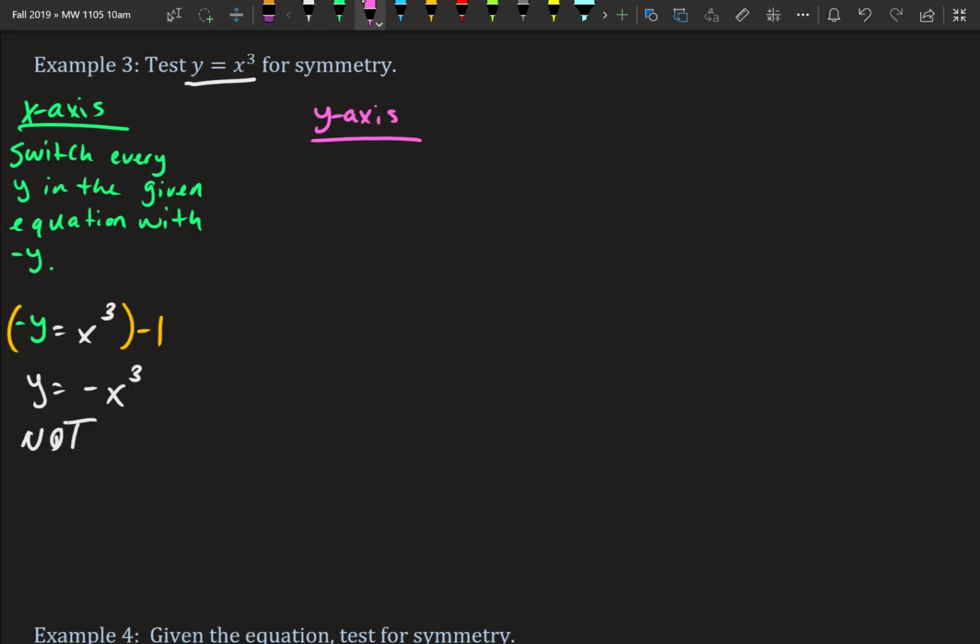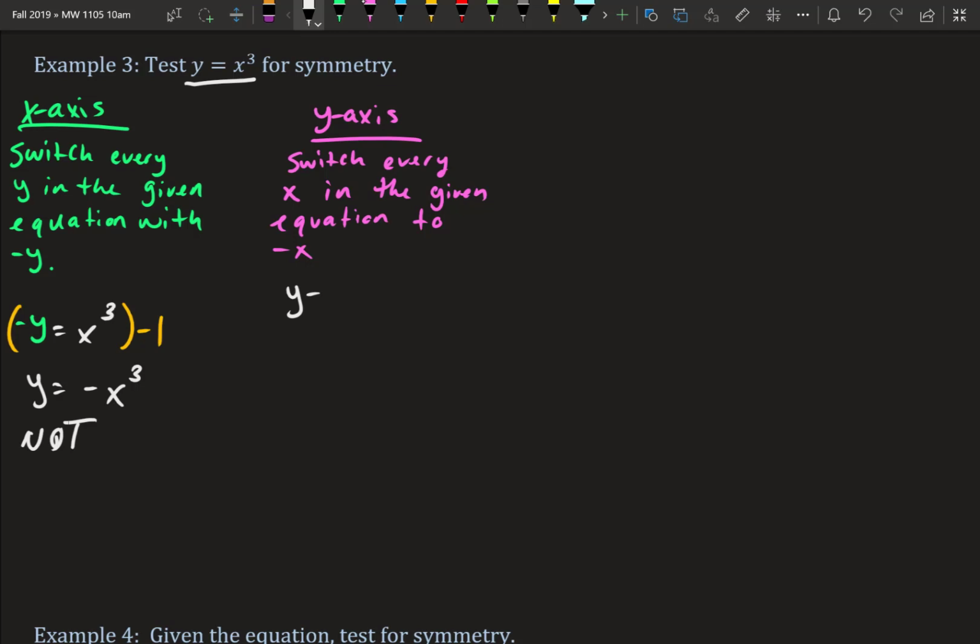So what's the opposite letter of y in math? It's going to be x. So we're going to switch every x in the given equation to negative x. So in the given equation, y equals x cubed, we're going to switch that x to negative.